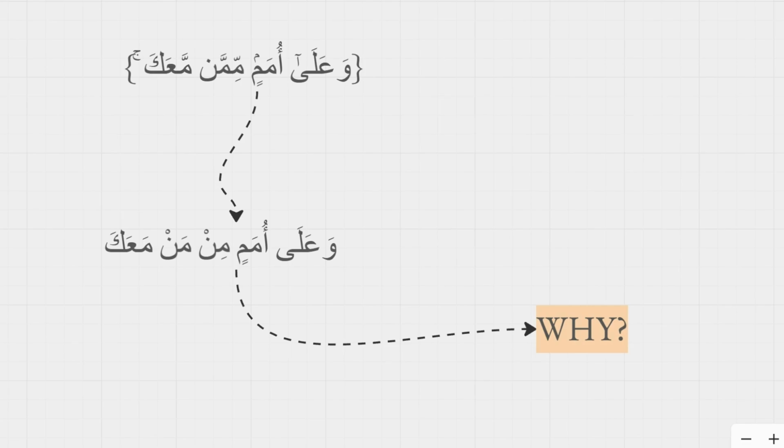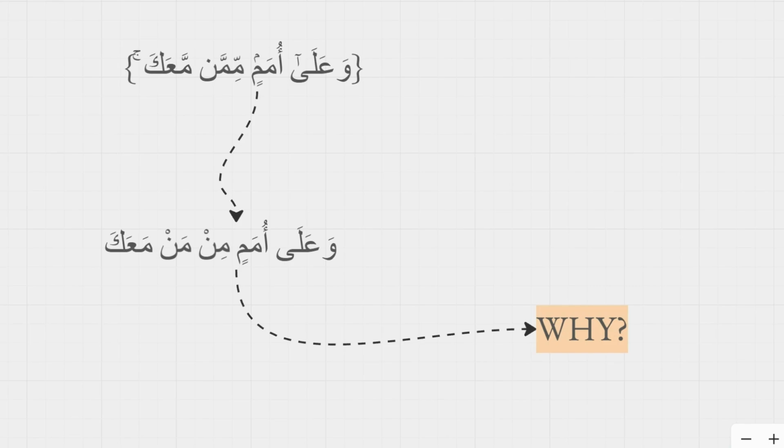And then mimman, the Qur'anic form, and the second one is min man. It's kind of two words. This is a one word boundary. This is a two words boundary. And the last one, ma'aka, and ma'aka. It's practically the same, only the difference is there's a shadda on top of the meem.